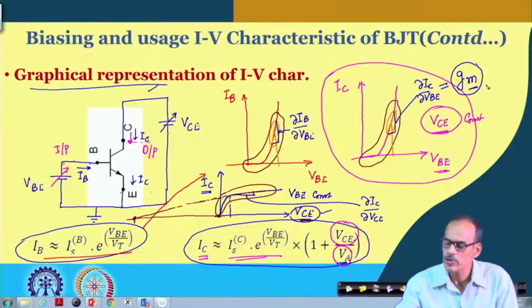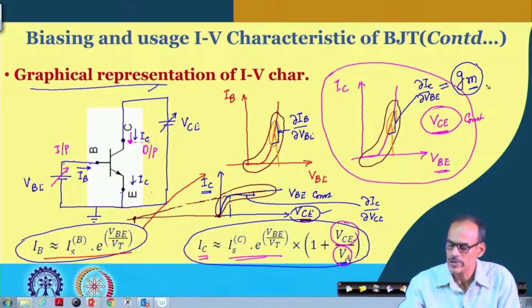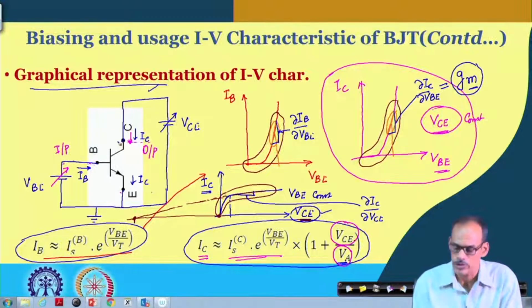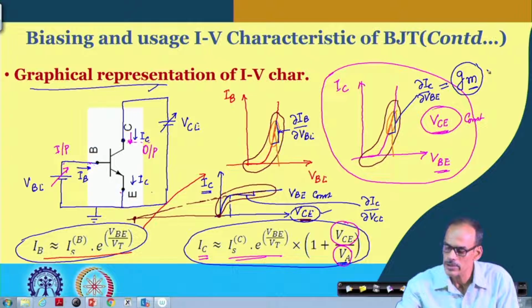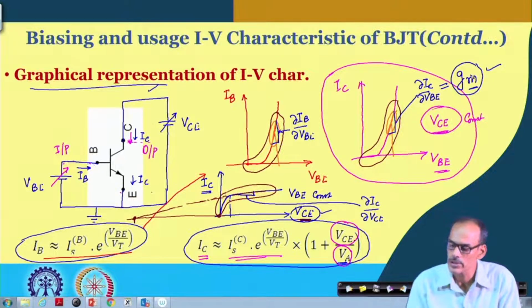GM stands for transconductance. M stands for mutual input to output port, that is why it is trans. G represents conductance. So, input port to output, input voltage to output current relationship, is getting represented by this slope or this parameter called GM. So, the transconductance of the device is GM. Likewise, this slope has some meaning.